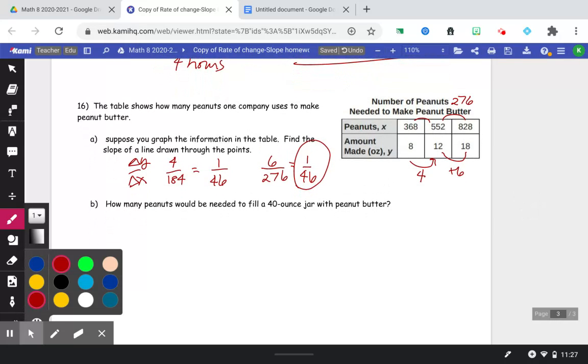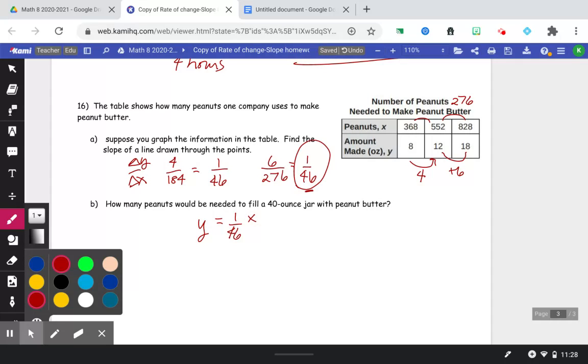All right. How many peanuts would be needed to fill a 40-ounce jar with peanut butter? Okay, there's 2 ways you could do this. You could write an equation. Okay, we know our slope is 1 over 46. I could say y, my ounces, equals 1 over 46 times the number of peanuts used.